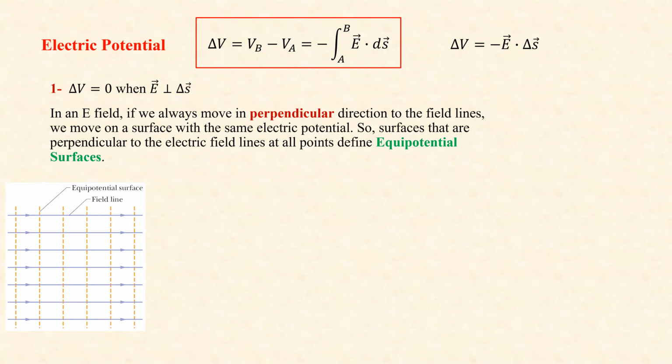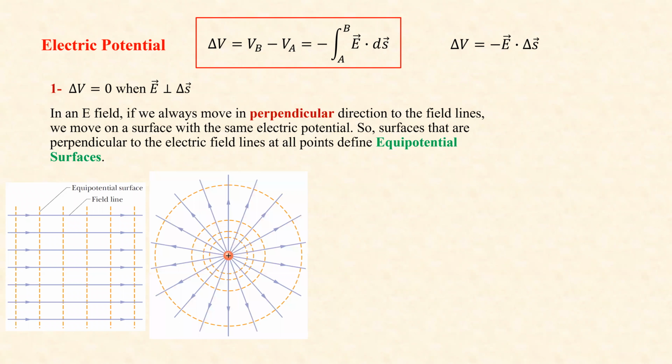The same as the gravity on the surface of the Earth, close to the surface, you see that the gravitational field is downward. If you go horizontal in any direction, you're moving on a horizontal plane where the gravitational potential energy is the same. All right? Change of gravitational potential is 0.